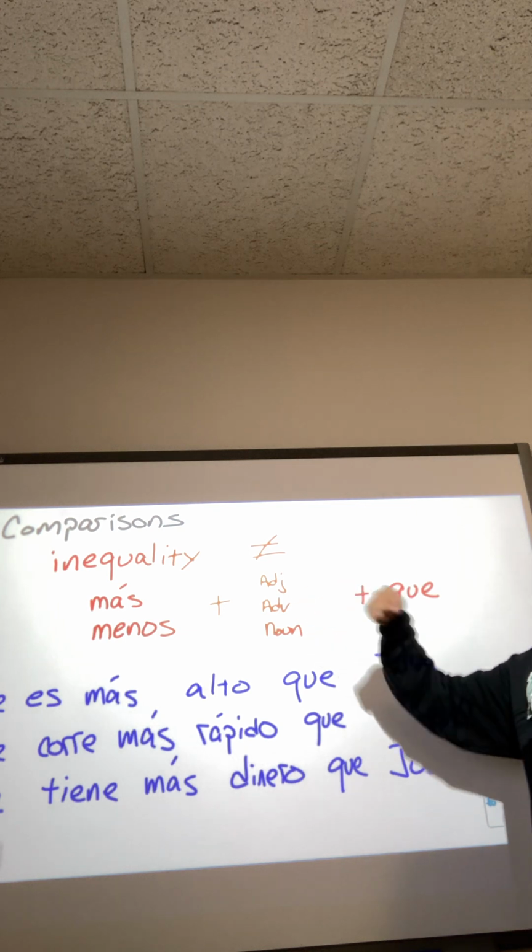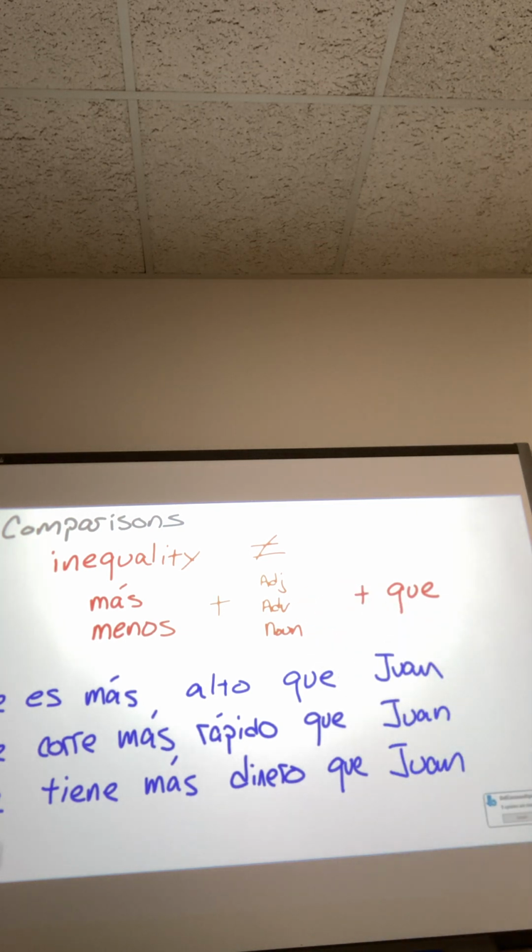For ADV, that's an adverb, and I don't think we've gone over these. Does anyone know what an adverb is? In English, they typically end in ly, yes. An adverb is to a verb what an adjective is to a noun. A verb is an action.